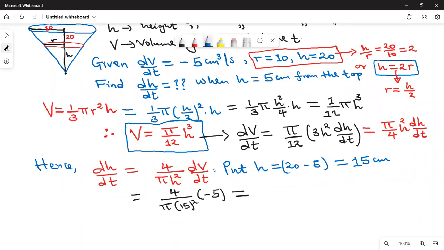So that means in the numerator, I'll be having -20 over 15 squared, which is the same as 225 pi, of which if I divide by 5, both numerator and denominator, I'll get -4 over 45 pi.